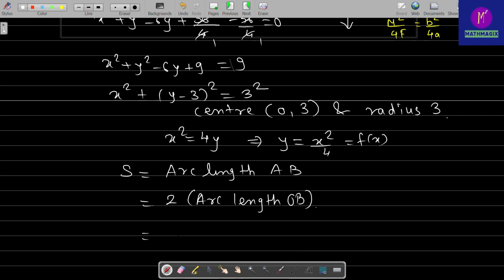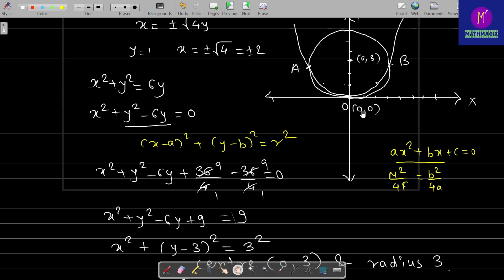Let us use the formula. So this is twice into arc length of OB. We will find out using formula of rectification. Square root of 1 plus, as y is a function of x, it is square root of 1 plus (dy by dx) square, and here we need to write down the limits of x1 and x2.